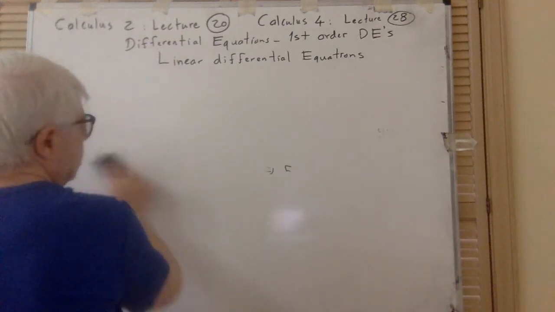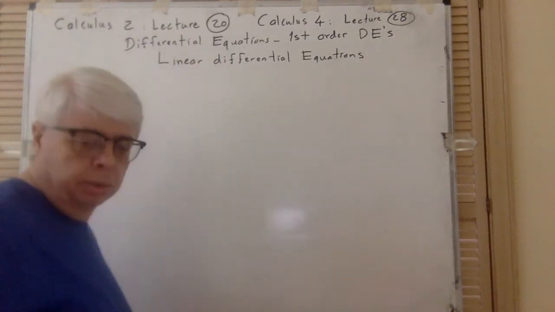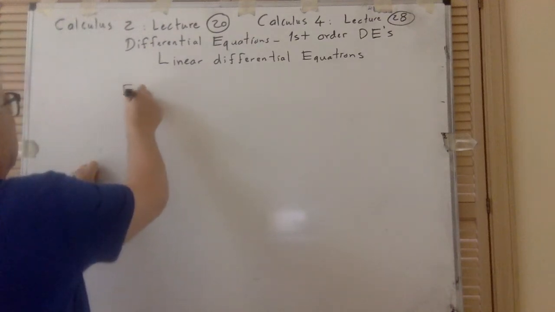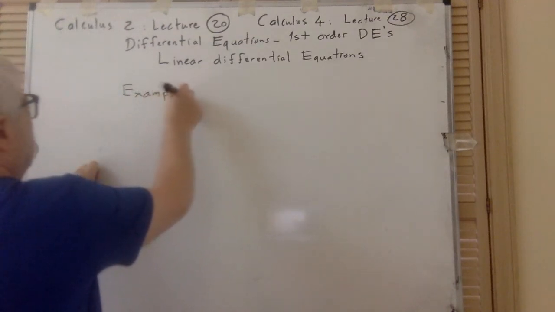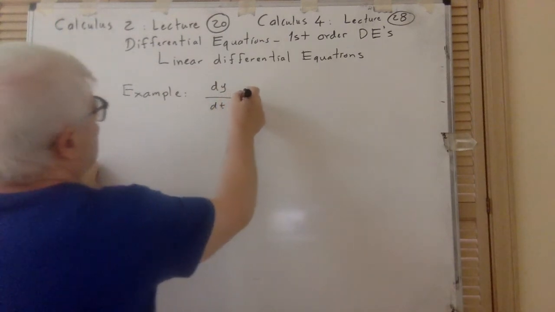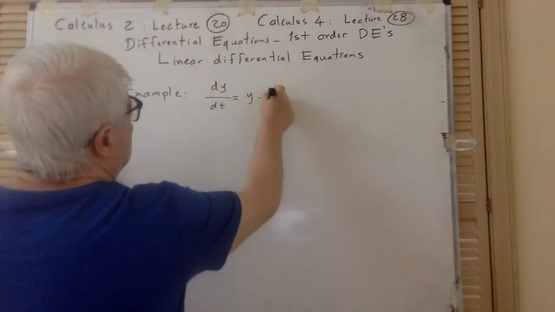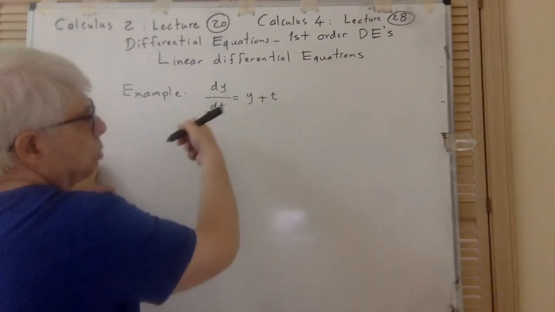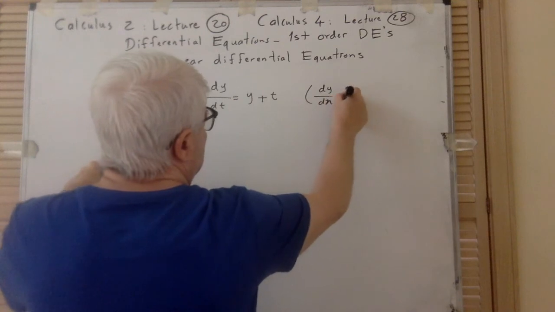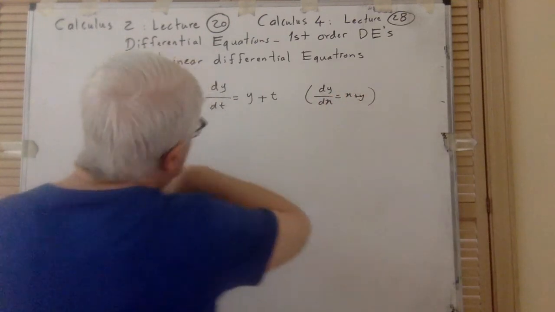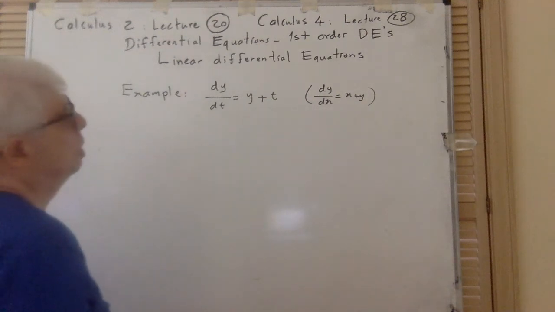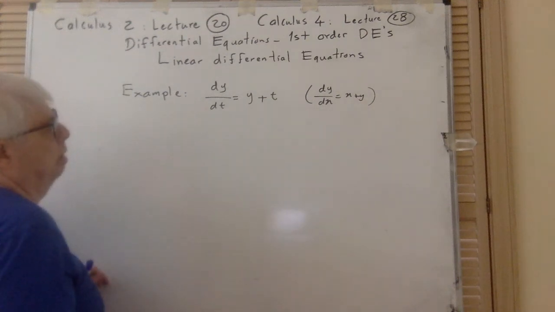It looks so innocent. The example is dy dt equals y plus t. In fact, it was dy dx equals x plus y, remember? Since we have t as the free variable, let's write t here.